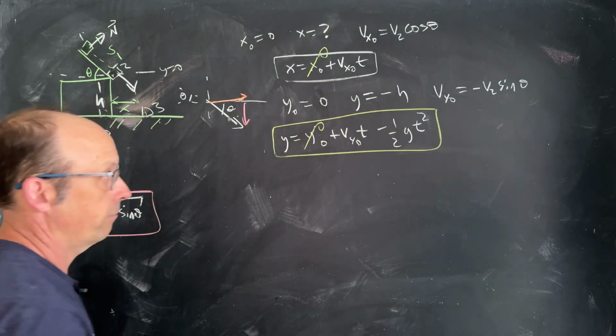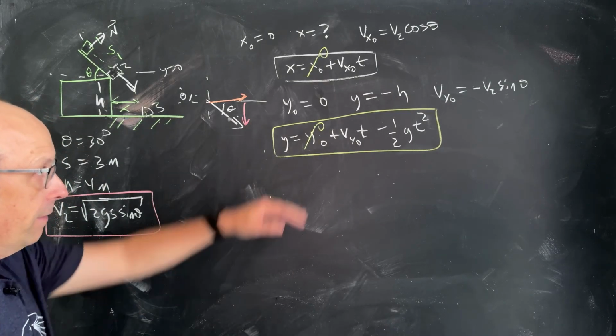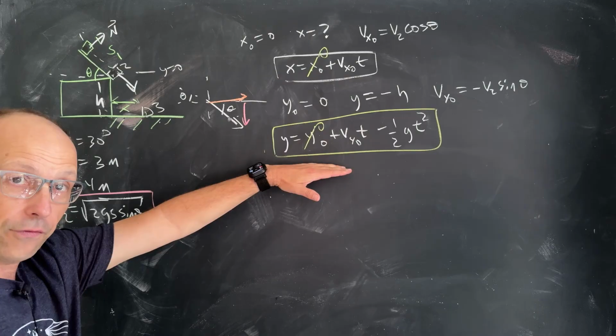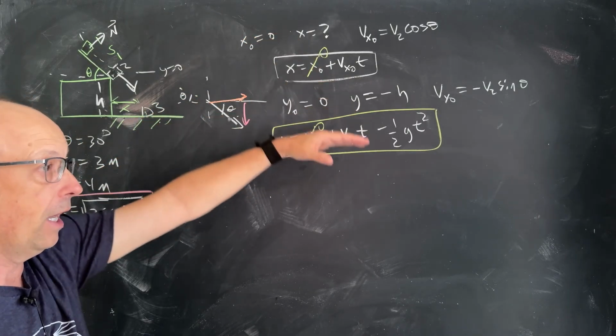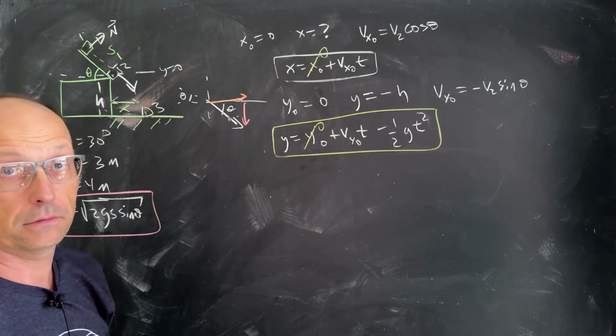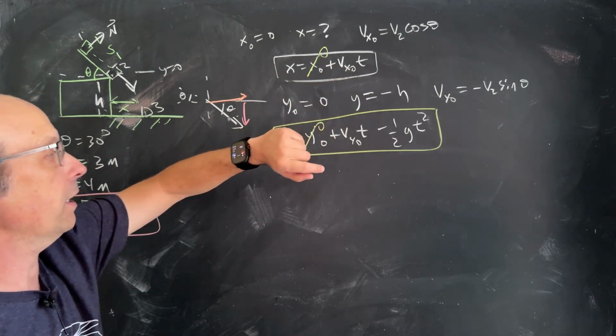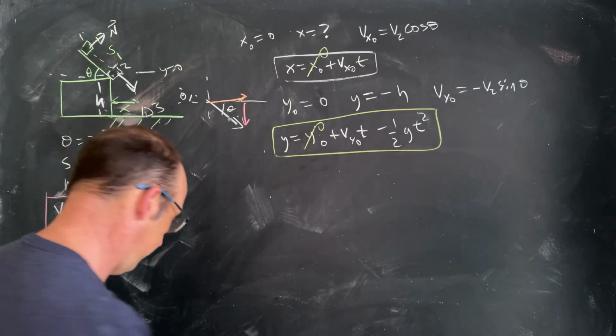Now, it's almost always the case that to solve this problem, we have a time here and a time there. They're the same times. I can solve this for time and then plug it in up there and solve for x. I already know the initial x velocity. And then once I find the time, I'll be done.